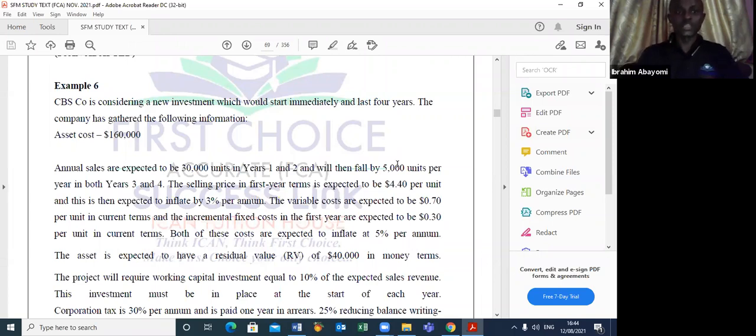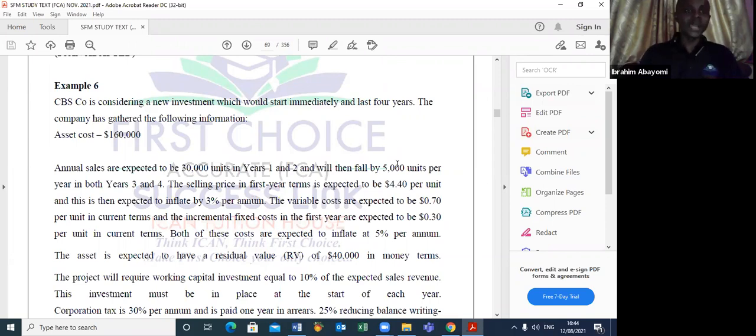CBS Co. is considering a new investment which will start immediately and last for 4 years. The company has gathered the following information. Asset cost, $160,000.